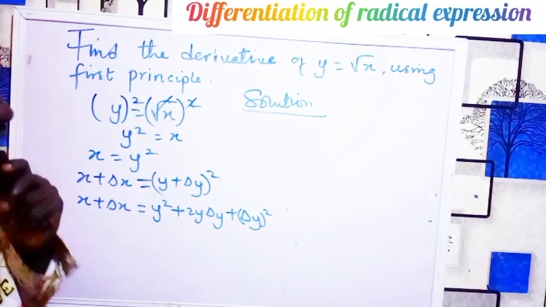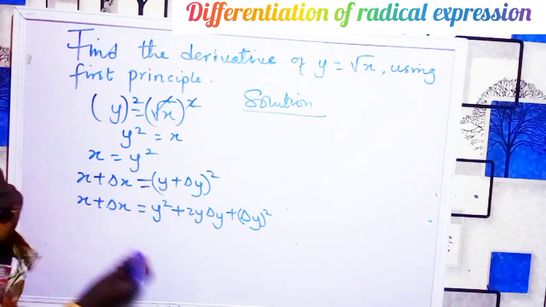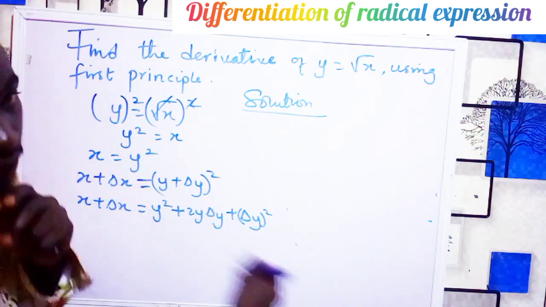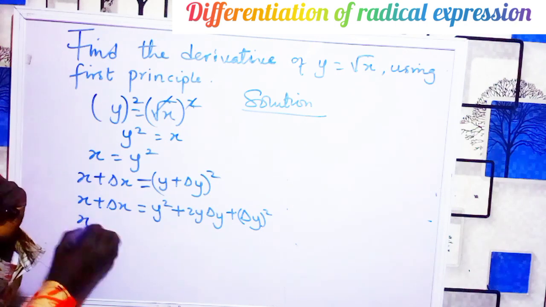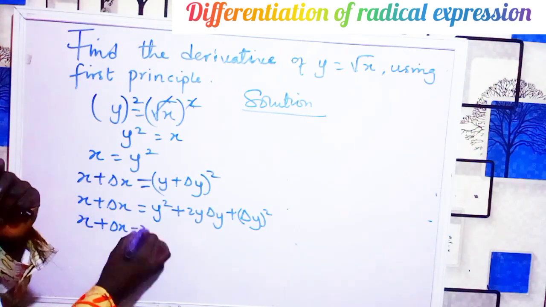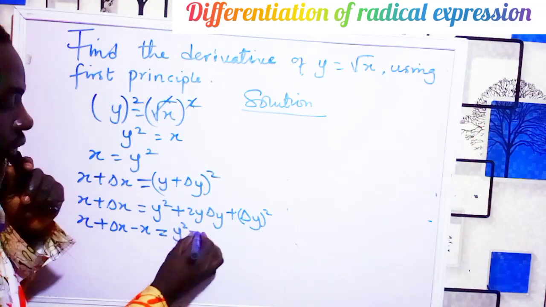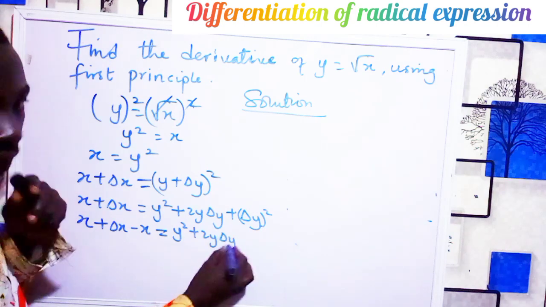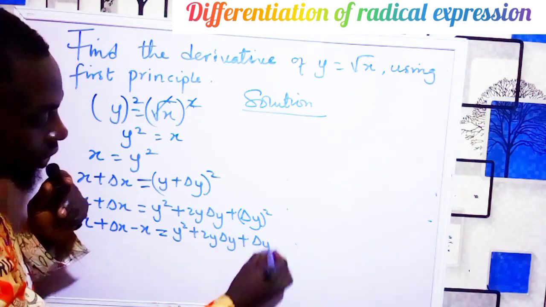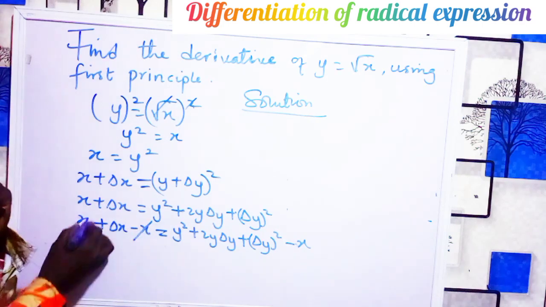So the next thing to do now is subtract x from both sides, because this x is the x we have here now. Or you transfer x to this side. That will be x plus delta x minus x equals y squared plus 2y delta y plus delta y all squared minus x. Now the x here cancels the x here.